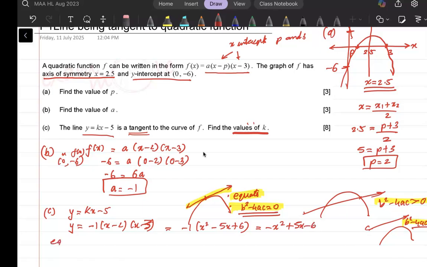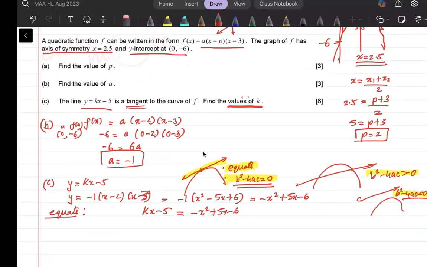I'll equate them because you have to see where they intersect: kx − 5 = −x² + 5x − 6. Get all terms on one side: x² − 5x + kx − 5 + 6. So my quadratic is x² + (k − 5)x + 1.